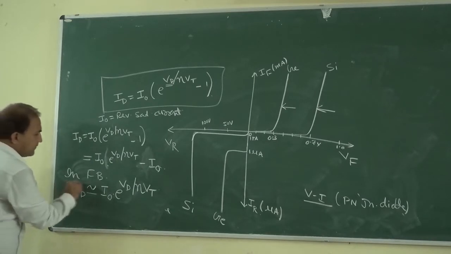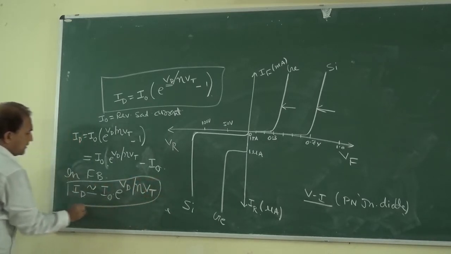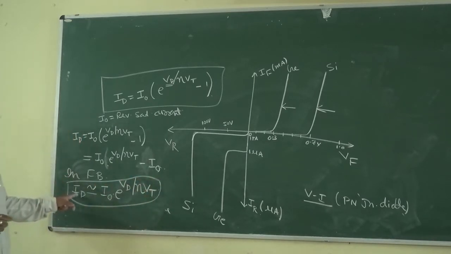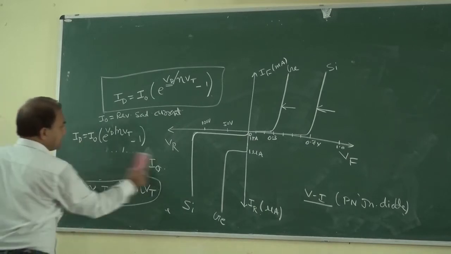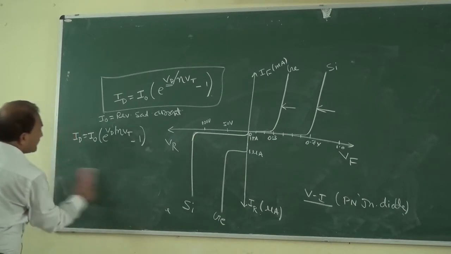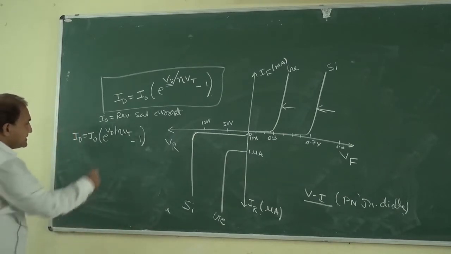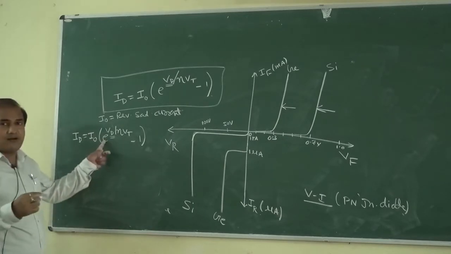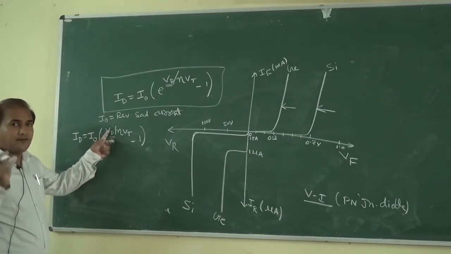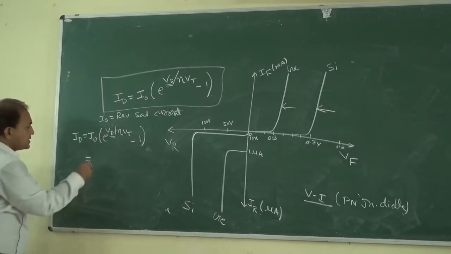So this is the expression for the diode current in forward bias condition. Similarly, in reverse bias condition, Vd is negative. So the exponential of a negative voltage will be a very small quantity.